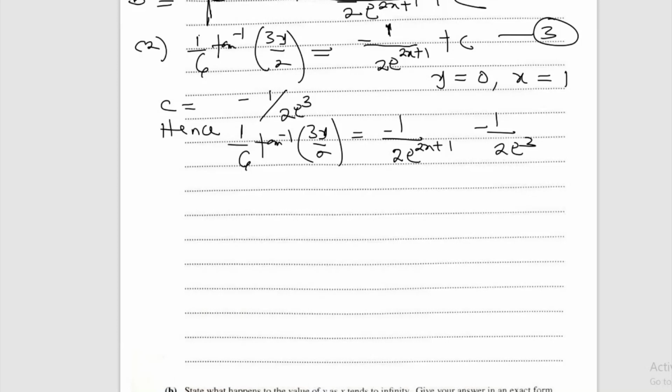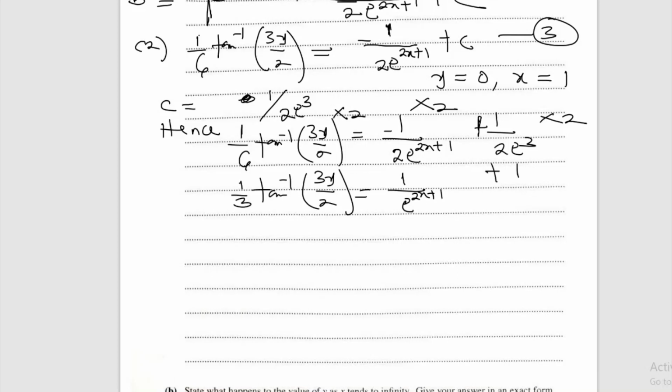When I multiply both sides by 2, this by 2, this by 2, and this by 2, I'm going to have 1 over 3 arctan, permit me, I'm trying to manage the space, equal to, my c is not negative, this is positive, so I'll have 1 over e raised to the power 2x plus 1 plus 1 over e raised to the power 3.